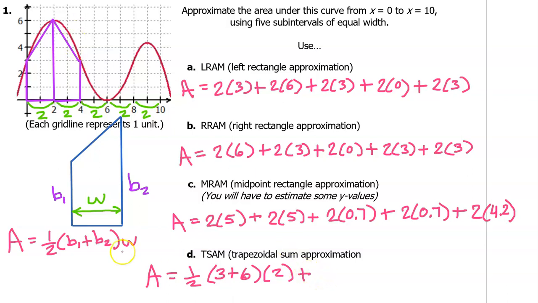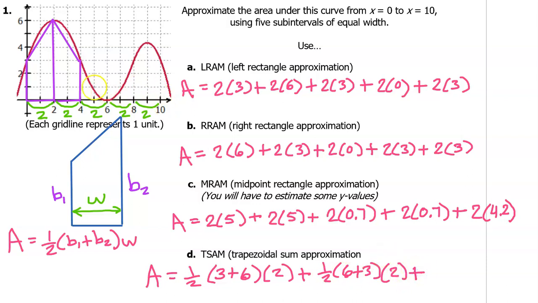So adding on the area of the second trapezoid. So here we go, 1/2 base 1 plus base 2. Base 1 is 6, base 2 is 3. So we will say 6 plus 3. And then times the width, which will always be 2. So there's the second trapezoid.